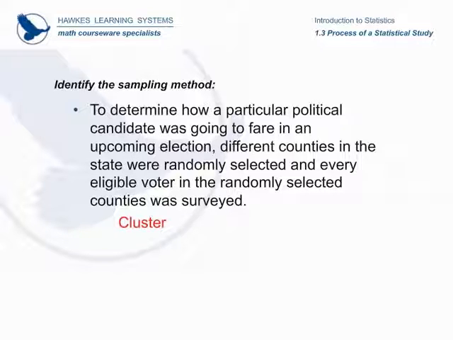That would be a cluster because we took the population, divided it into counties, and then selected entire counties to participate. So those counties would be called clusters. So that would be an example of the cluster sampling method.